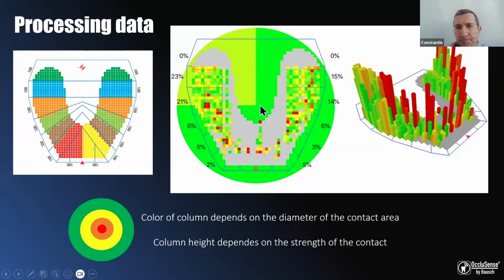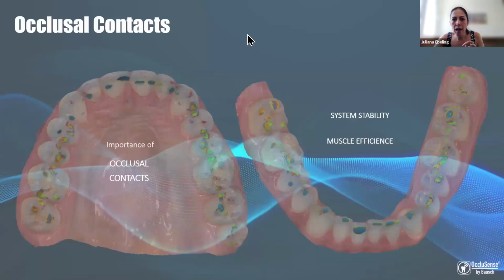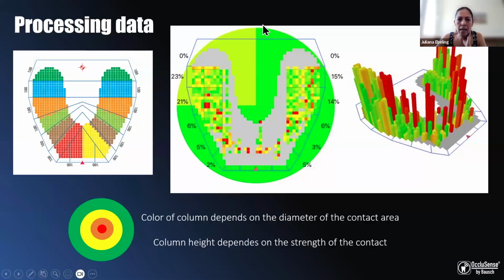Yes. And the system calculates the percentage of the intensity of these contacts through these bands that we have here. So we have 100% of the contacts, the intensity, and then the system calculates the difference between these intensities on both sides.